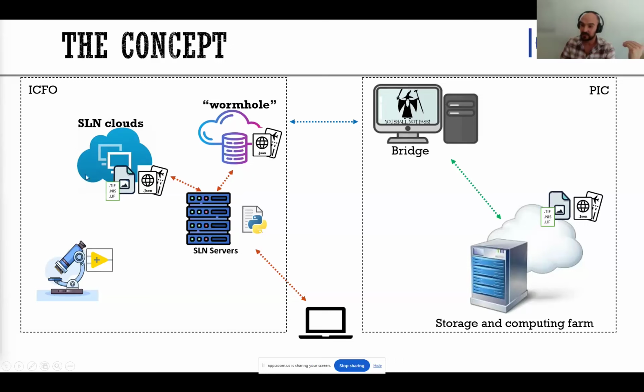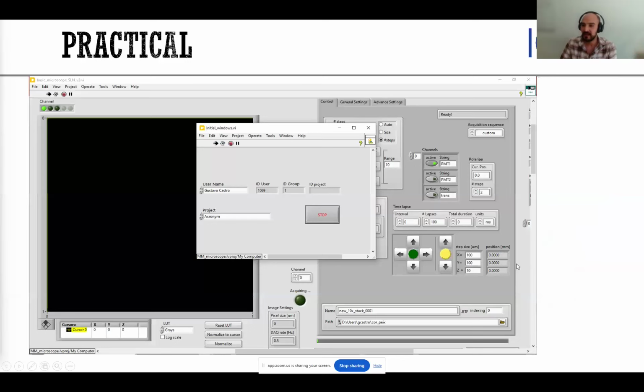So they can access our cloud and copy the JSON file together with the raw data to the computing farm at the PEAK. Later we can access this data through a Jupyter notebook. In this way, we can access it in the classical, more or less local way at ICFO, or we can process our data through a Jupyter notebook directly at the PEAK.